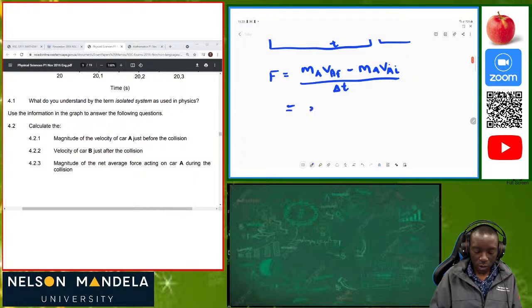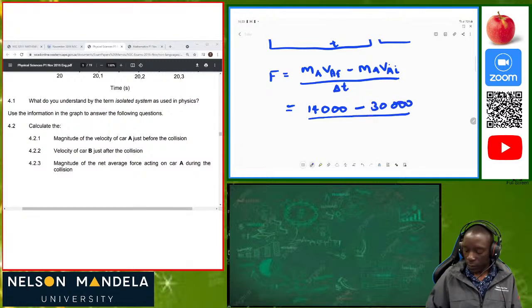And the final momentum, 14,000, minus 30,000 over the time it takes. What is the time that it takes? We said delta t is 0.1 seconds.